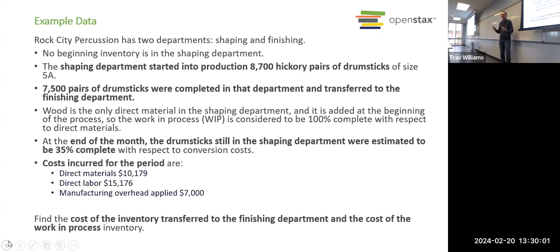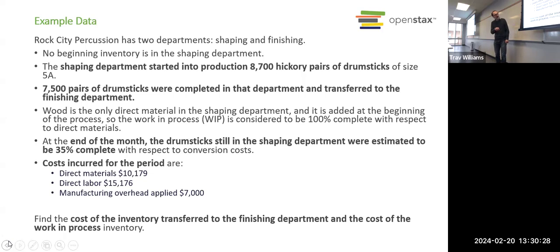Maybe it was a guess, maybe they had some way to determine it. It doesn't really matter. All we need to know is how far along the conversion is for those units that are still in process. And the answer here is they're 35% complete. Great. From an accounting perspective, that is what we needed to know.